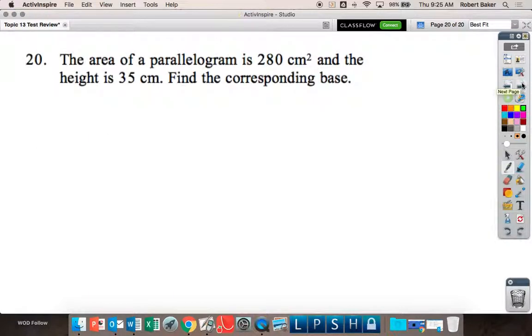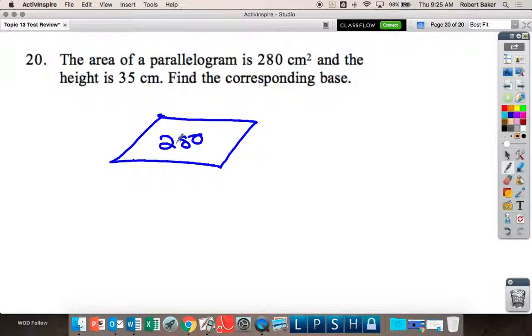And the last one says, the area of a parallelogram is 280 centimeters squared. The height is 35. Find the length of the base. So you have a parallelogram. The area of this parallelogram is 280. The height of the parallelogram is 35. And you're solving for the base. So area is equal to base times height.